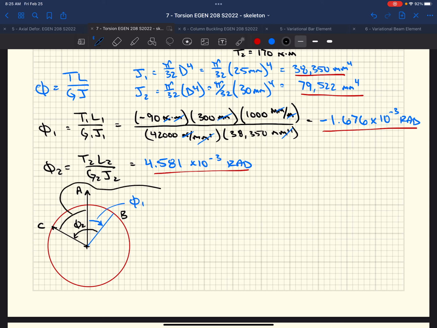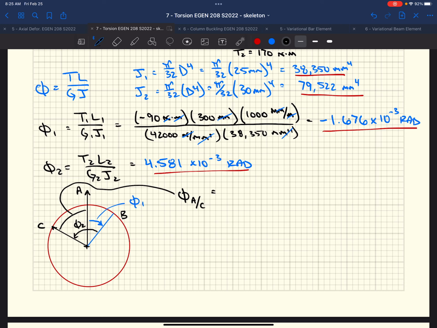And this right here is the phi A relative to C, right? That is the rotation that they asked us for. Is how far does C move relative to A?